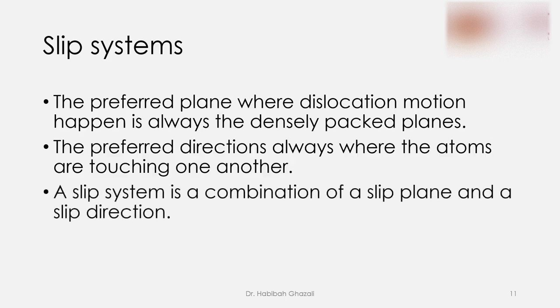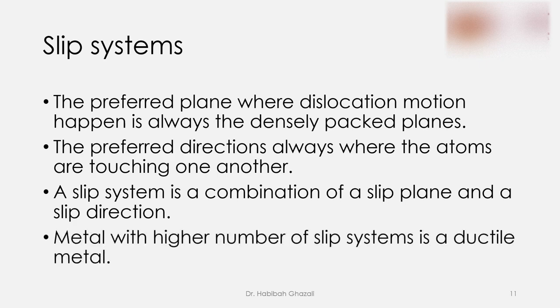A slip system is a combination of slip plane and slip direction. Different metals, with different crystal structures, will have a different number of slip systems. A metal with a higher number of slip systems is a ductile metal.